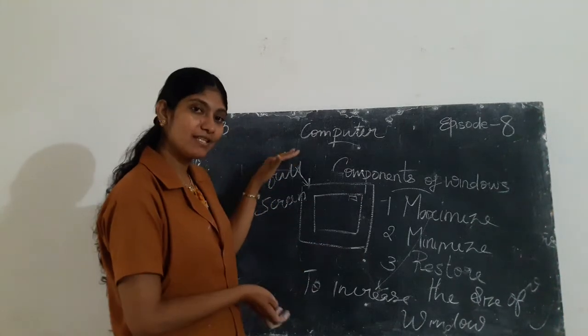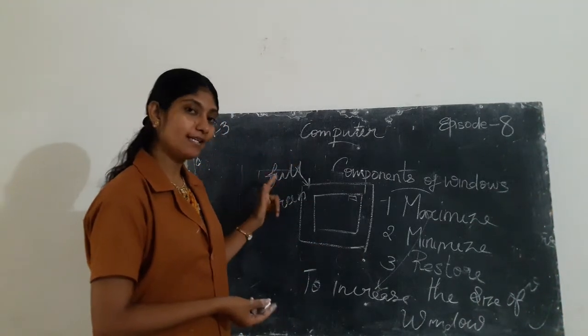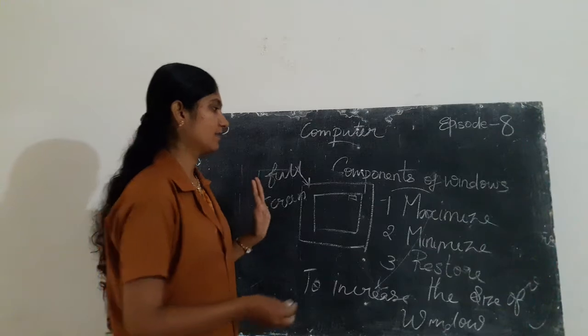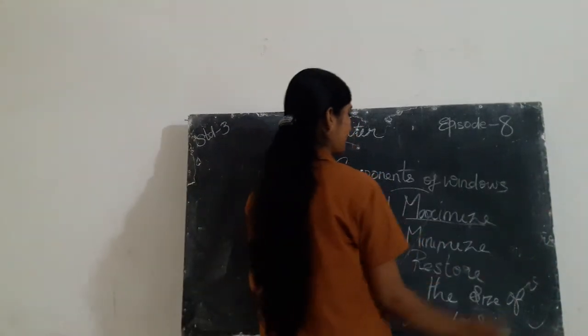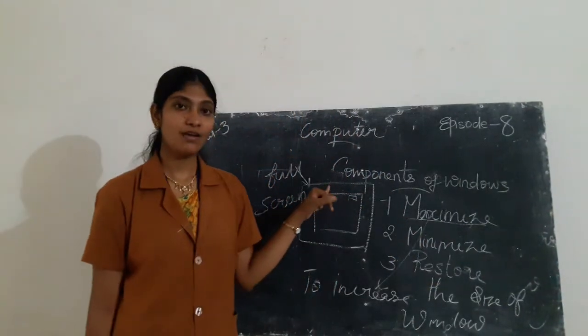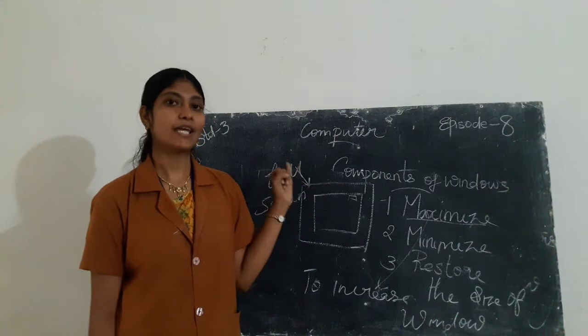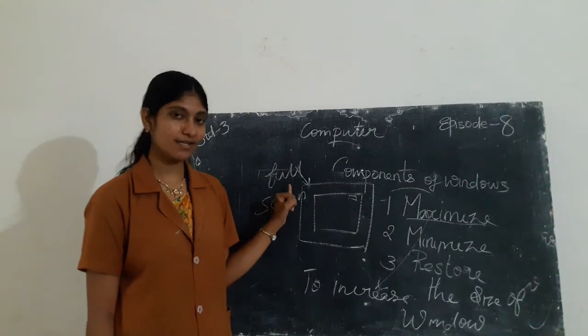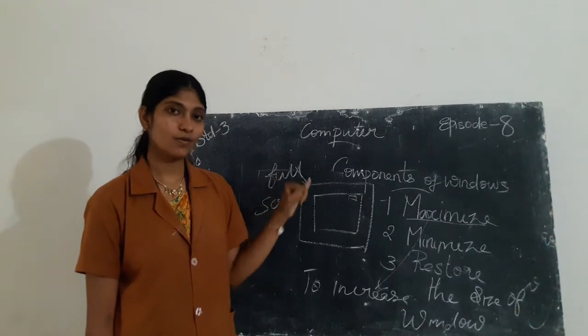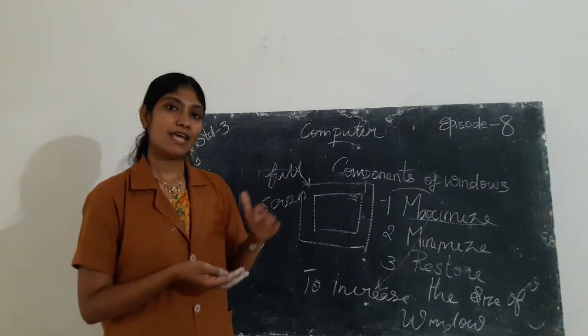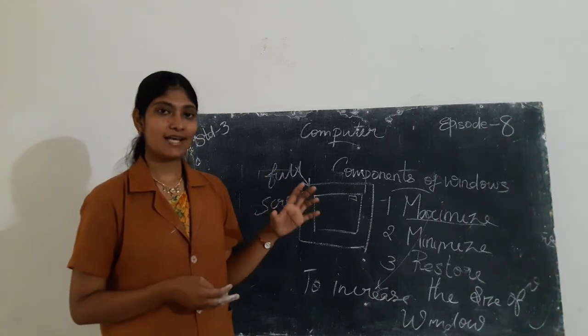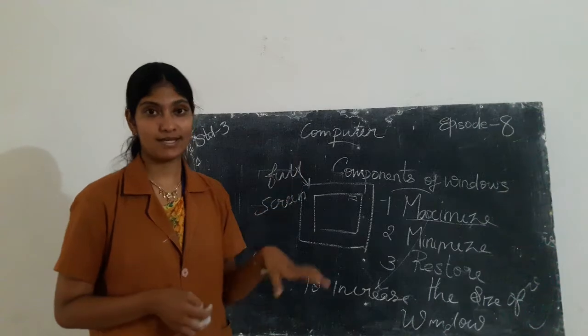We can maximize the window using which button? Maximize button. There is an option on the right side of the title bar, that is the maximize button. So when you click on it, what happens? It will enlarge, increase its size and fit to the full screen.